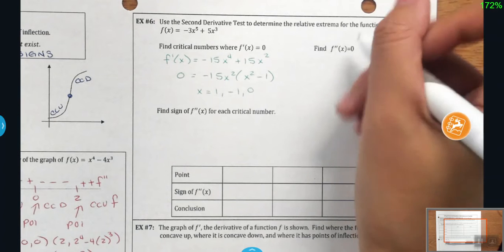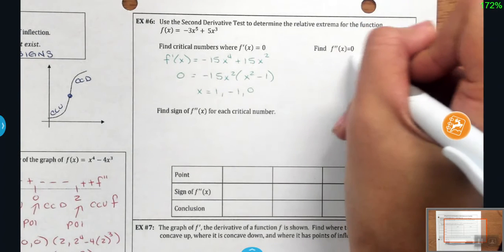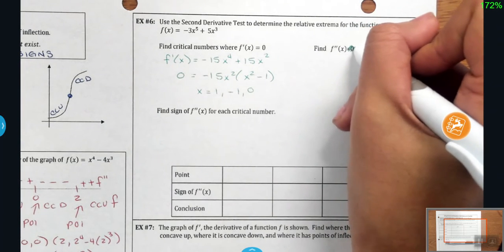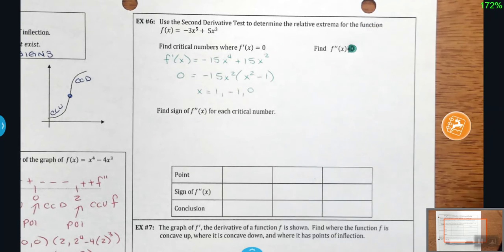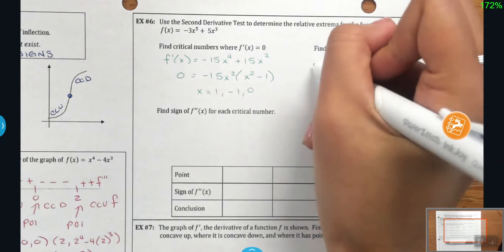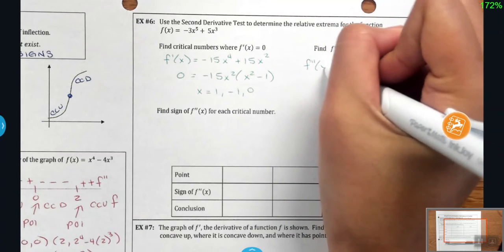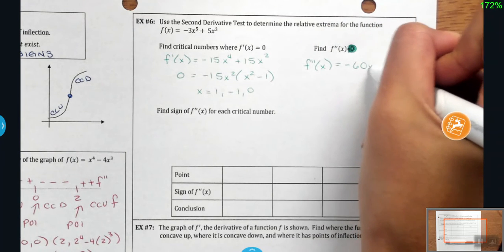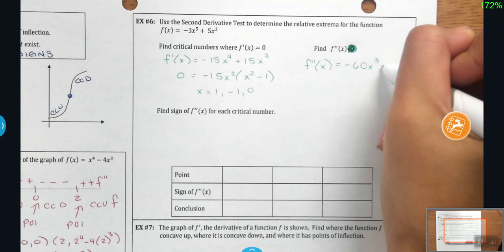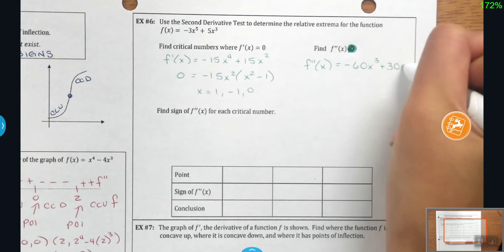Okay, find where the second derivative equals 0. I don't know why you need to find where the second derivative equals 0. If you're just using the second derivative test, you don't have to. Let's just find the second derivative. Did you do it already? Negative 60x cubed plus 30x.